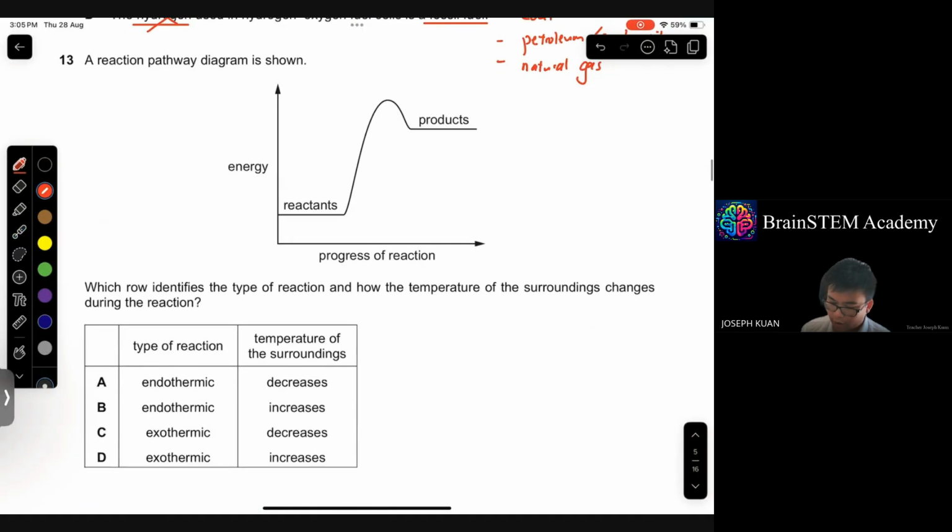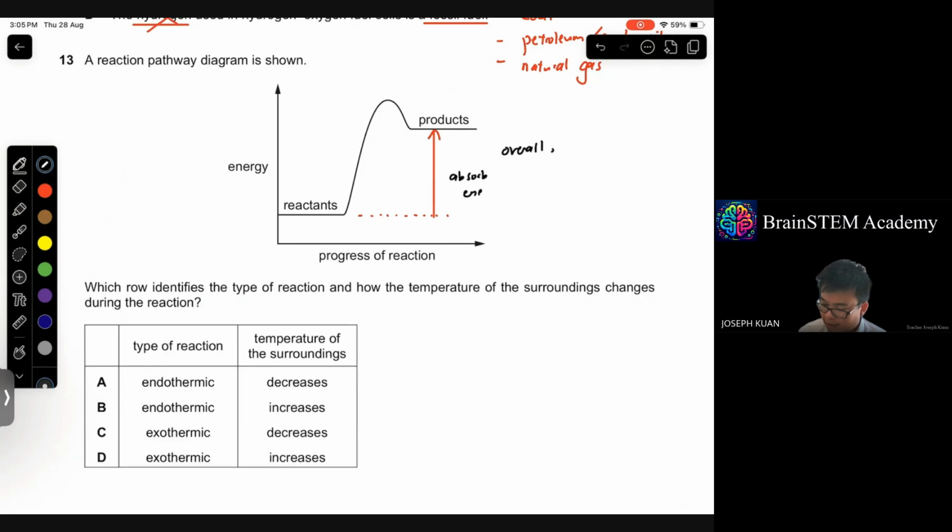Next, a reaction pathway diagram is shown below. Which row identifies the type of reaction and how the temperature of the surroundings changes during this reaction? Now, given that products have more energy than the reactants, it means that overall, reactants have to absorb energy so that they can get to a higher energy state in the products.